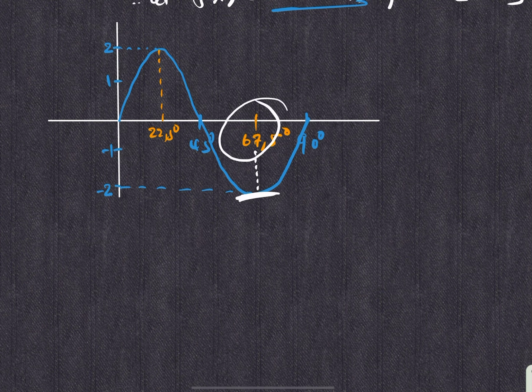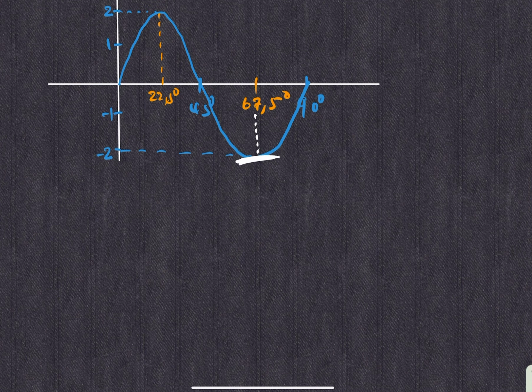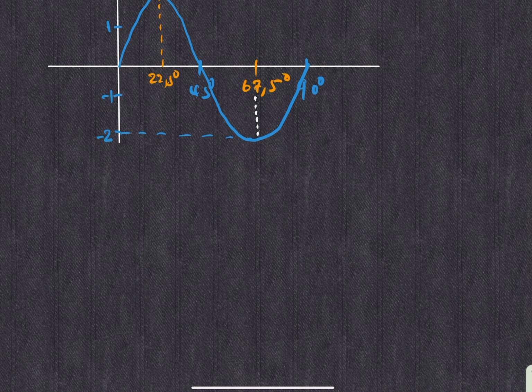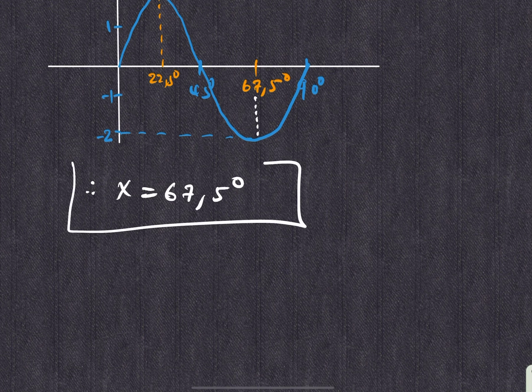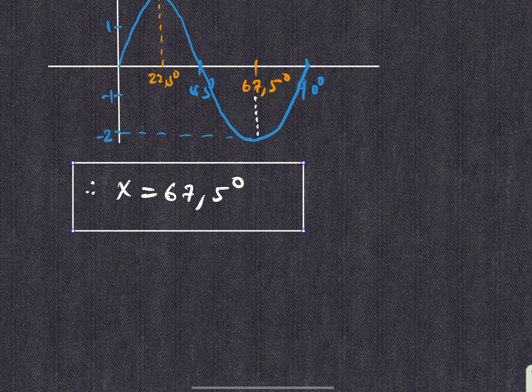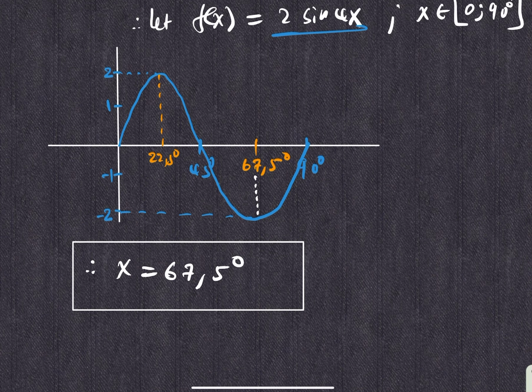So that is the value there. So you will then say to ourselves, therefore, x is going to be equal to 67.5 degrees. They just want the answer. I don't know how you're going to really get that answer.